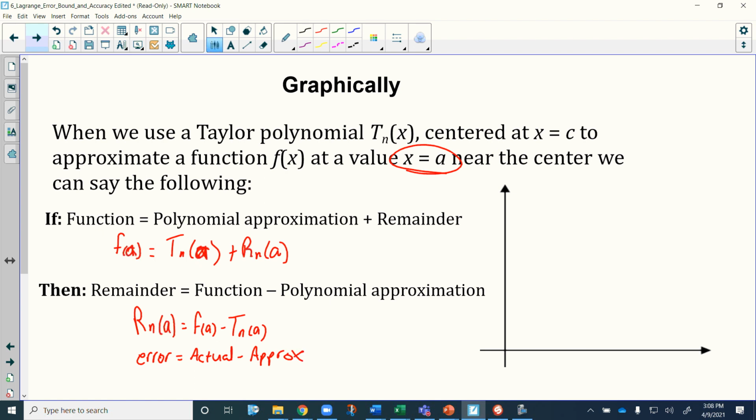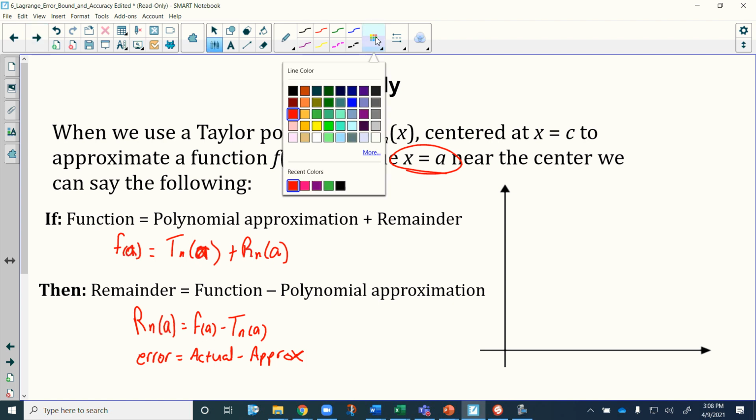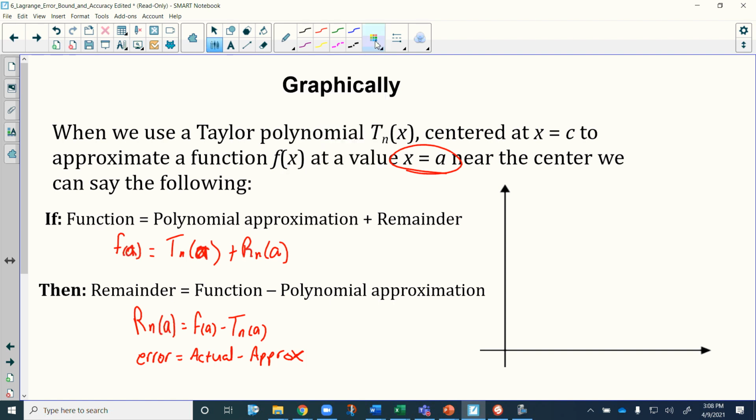So what I'm going to be looking at here, they're providing a graph so we can have a visual representation of what this would look like. Let's just say this waveform, or this function, whatever it is, is your function f of x. Okay.